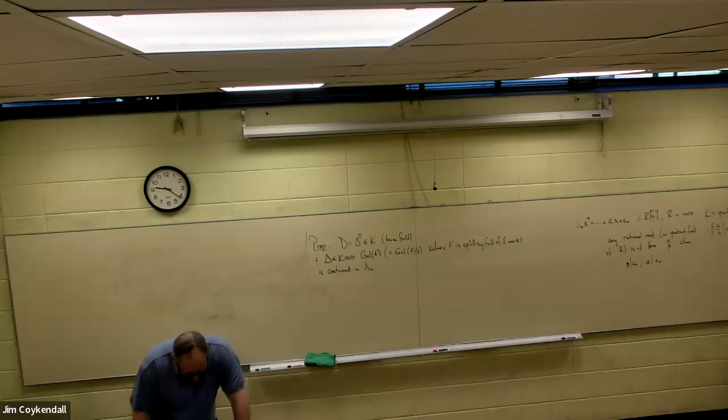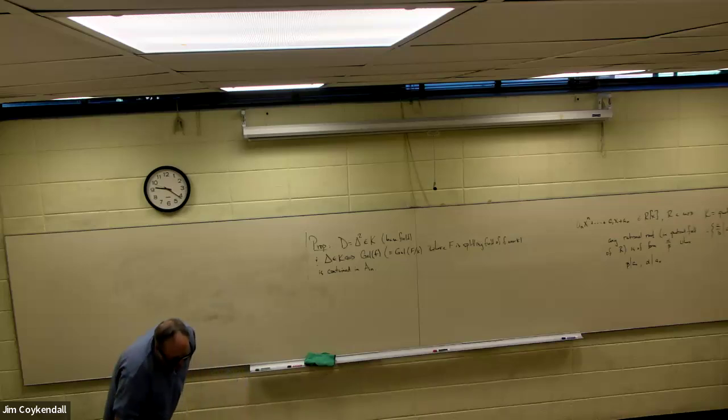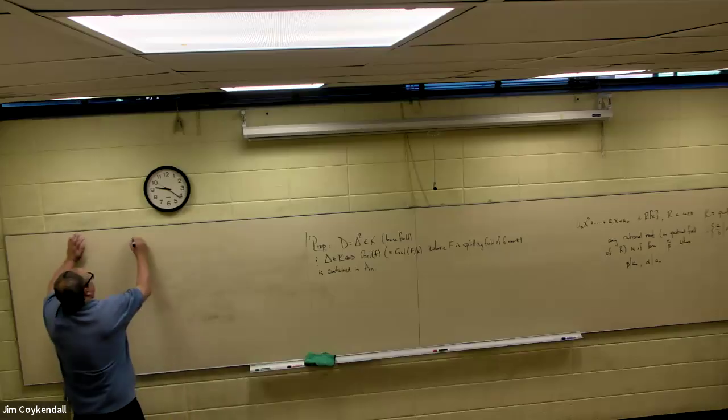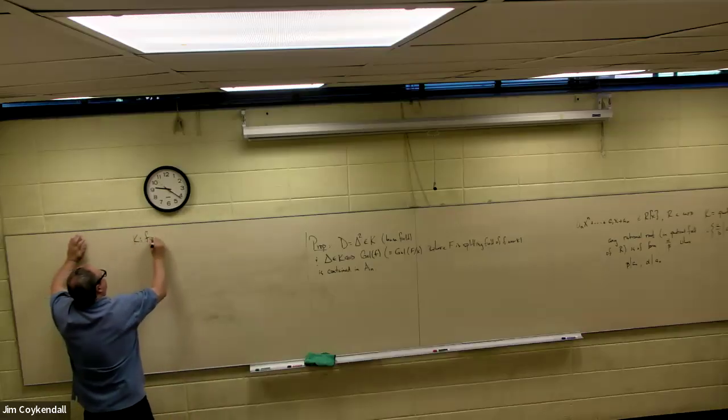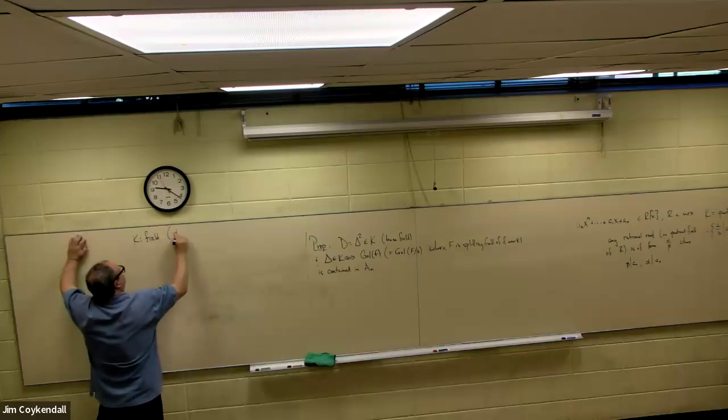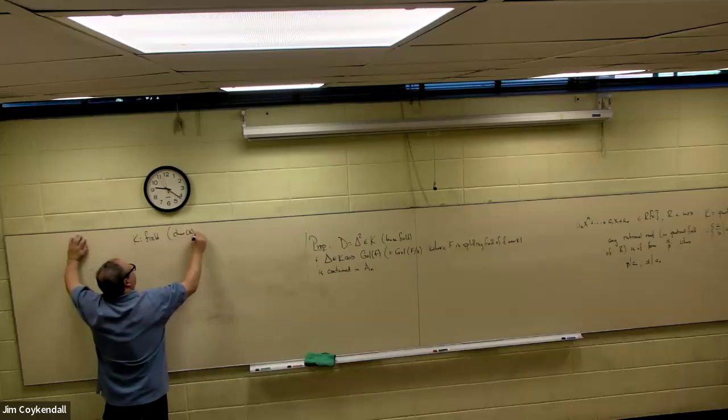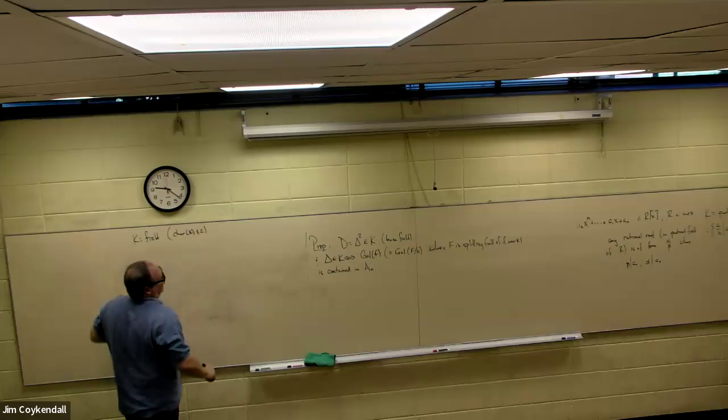So here, I'm going to let K be a field, and I want the characteristic of K to be not 2.